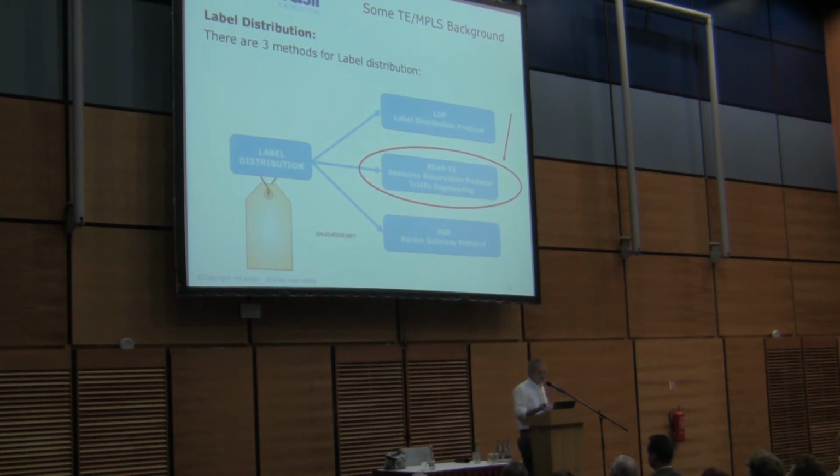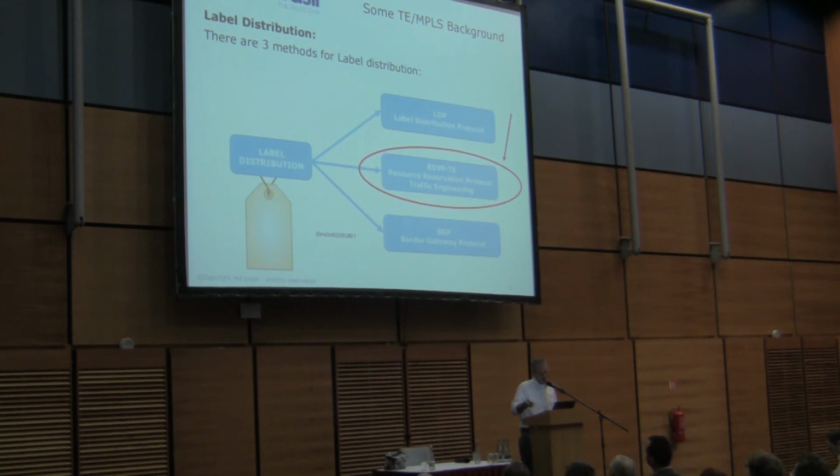And this is a class about traffic engineering tunnels, not using LDP nor BGP, because with MPLS we have 3 ways to distribute the labels: with LDP, with RSVP-TE, and with BGP.